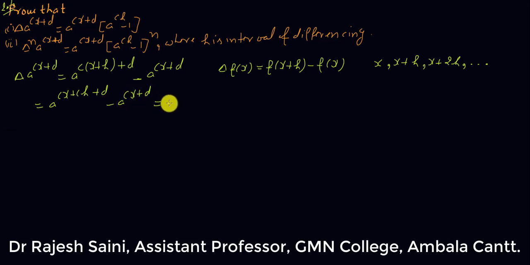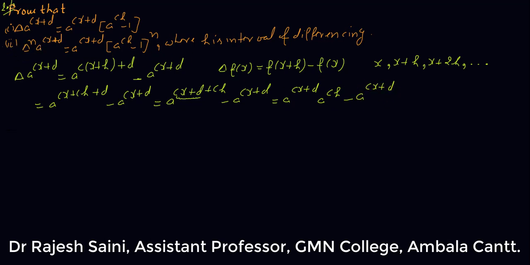This can be written as a raised to the power cx plus d times a raised to the power ch, minus a raised to the power cx plus d.